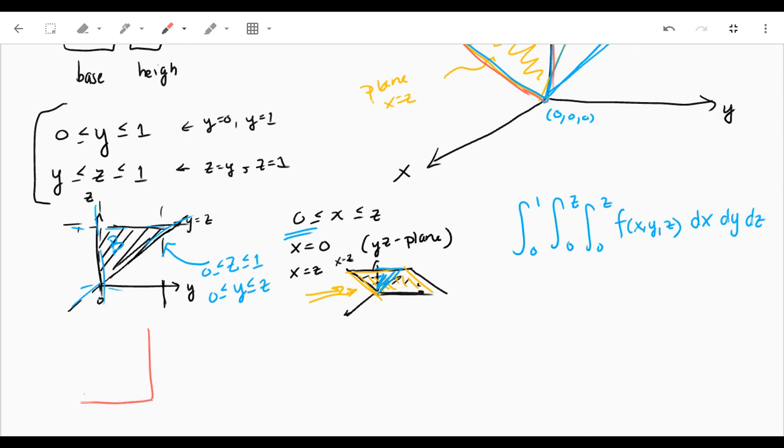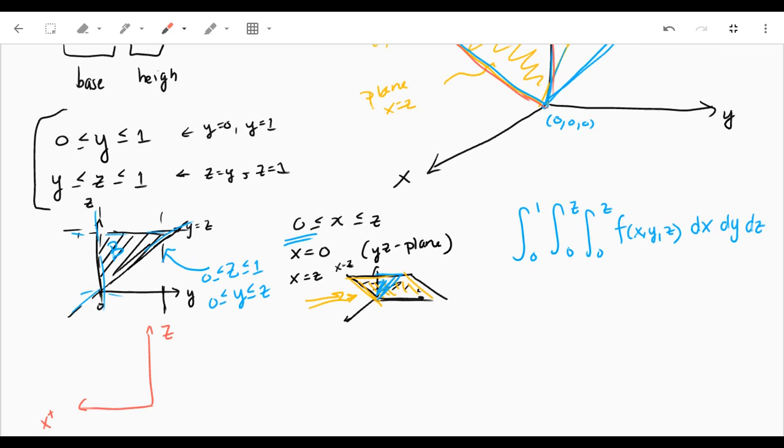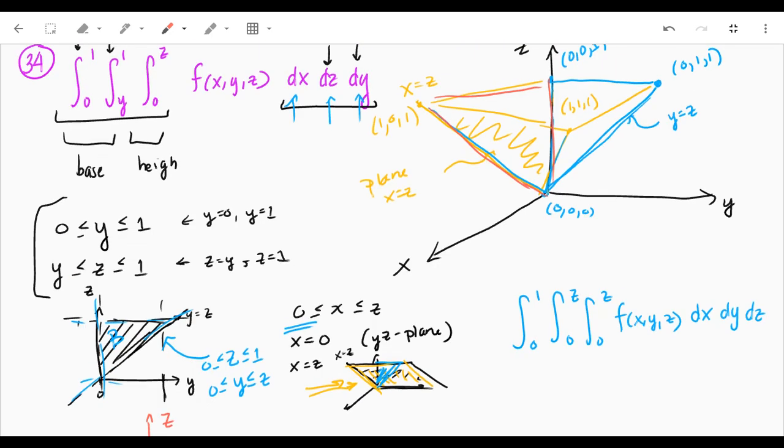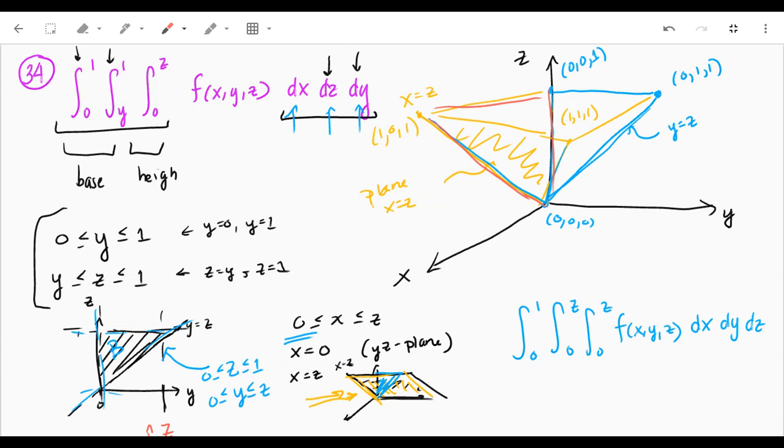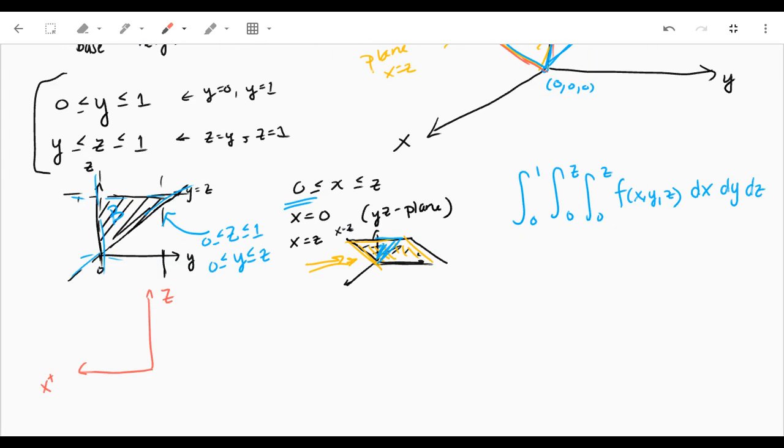In fact, I'm going to draw it like this, so that this is the positive X and Z, just so that we're not trying to flip how we're looking at it. So this would be the line X equals Z, and X is 0 to 1, and Z is 0 to 1, and we're looking at this triangle right here.